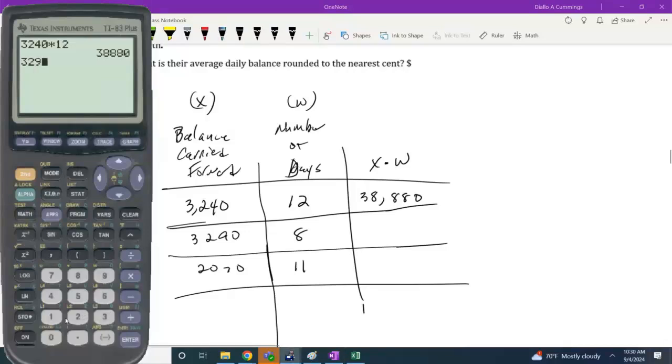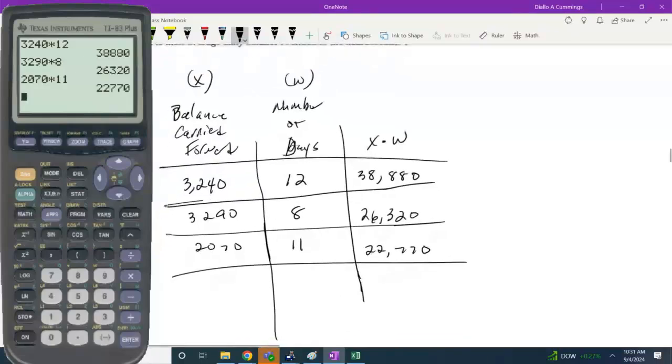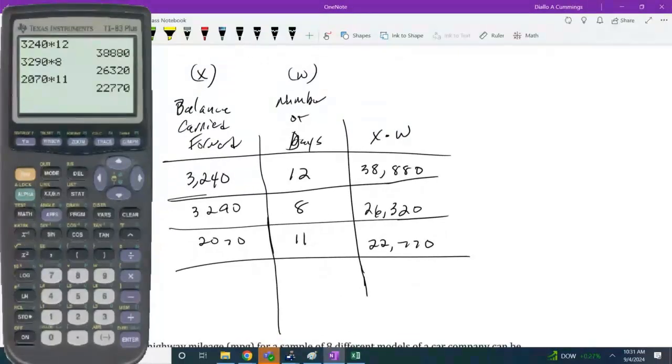I'm going to multiply 3,290 by 8, and that is 26,320. 2,070 times 11 is 22,770. All right, so we multiplied all the balances by the number of days carried forward.